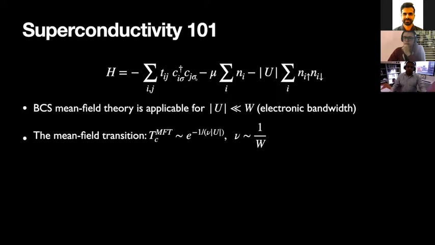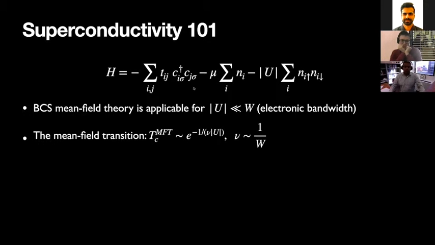There's a conserved density of electrons, which I can change by coupling to an external chemical potential. Then just by hand, I write down an on-site attractive U interaction. Usually, of course, for many strongly correlated things, we write down the repulsive U Hubbard model, but here I just want to write down the attractive U Hubbard model. This is what I meant when I said I'm going to assume that there is some tendency for the electrons to attract each other and try to form pairs. That's what this means here.